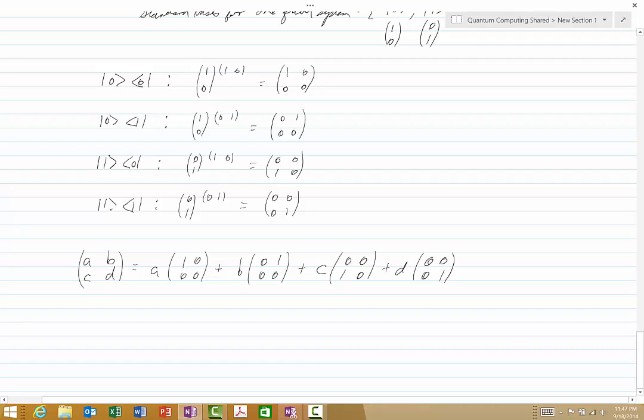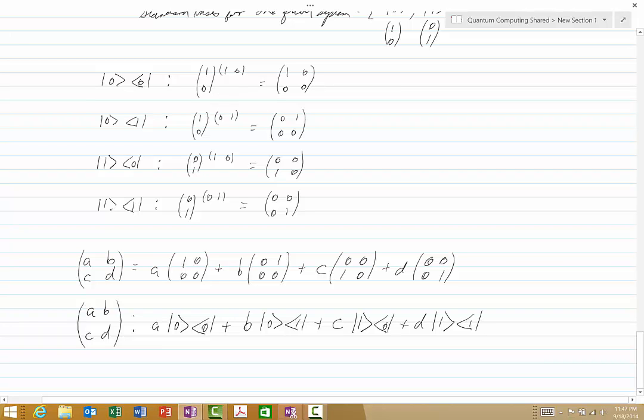which corresponds to, so we can say that the matrix A, B, C, D corresponds to A times the |0⟩⟨0| operator plus B times the |0⟩⟨1| operator plus C times the |1⟩⟨0| operator plus D times the |1⟩⟨1| operator.